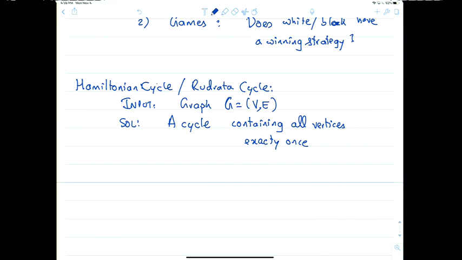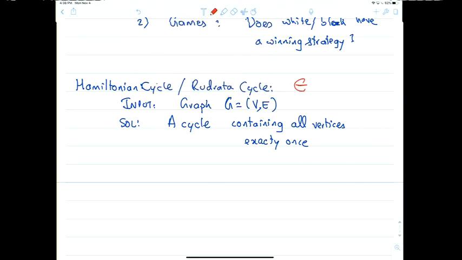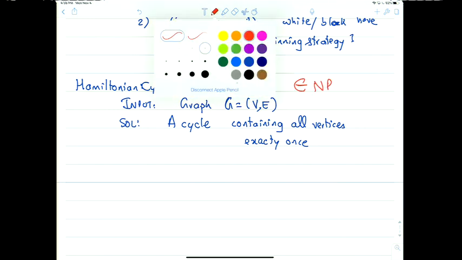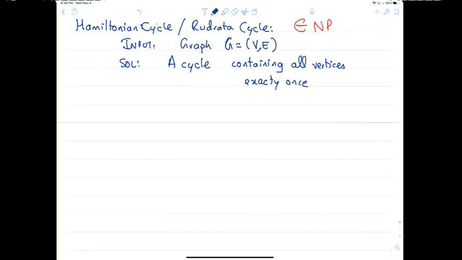Okay, so let's now move to a related problem. It's the minimum TSP. TSP stands for traveling salesman problem. So what is the minimum TSP problem?